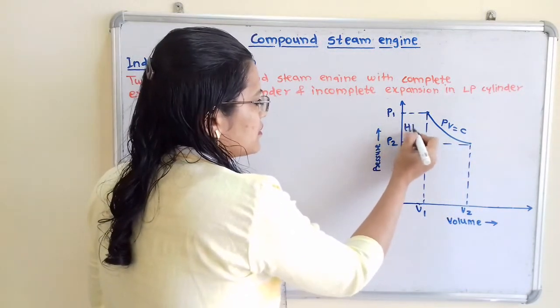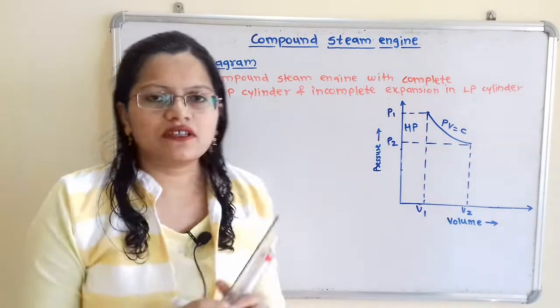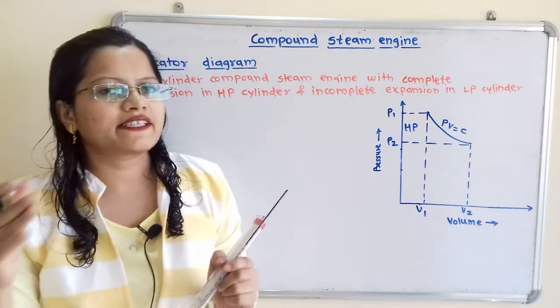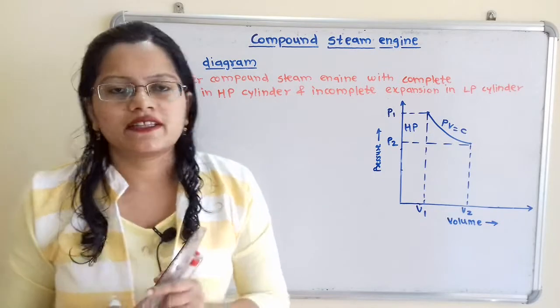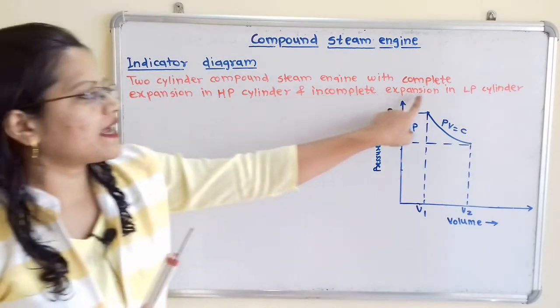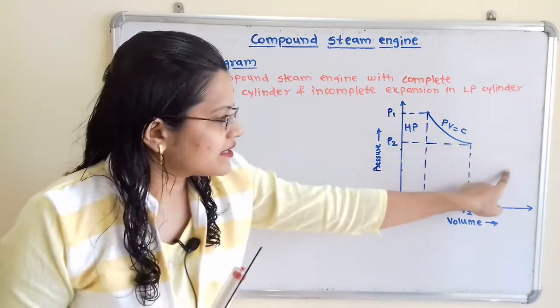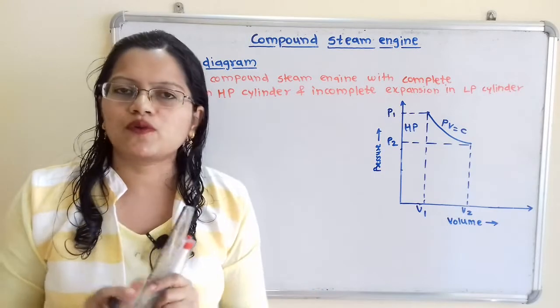So I will show here as a HP. Now this steam at pressure P2 is exhausted into low pressure cylinder. So again expansion is taking place in low pressure cylinder. But here it is mentioned that incomplete expansion is taking place. So here the pressure is getting decreased up to pressure P3 and volume is increased up to volume V3.